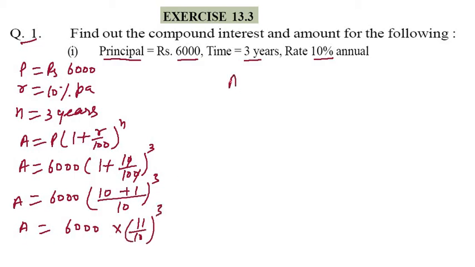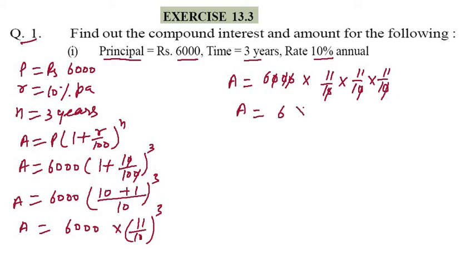So amount will be equal to how much? 6,000 into 11 upon 10 into 11 upon 10 into 11 upon 10. So these three zeros will be cancelled with these three zeros. So we get amount equal to 6 into 11 into 11 into 11. So amount will be equal to 6 into 1331.